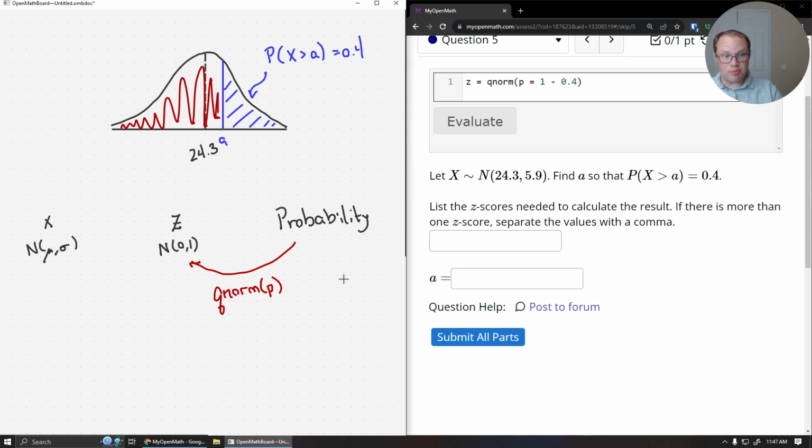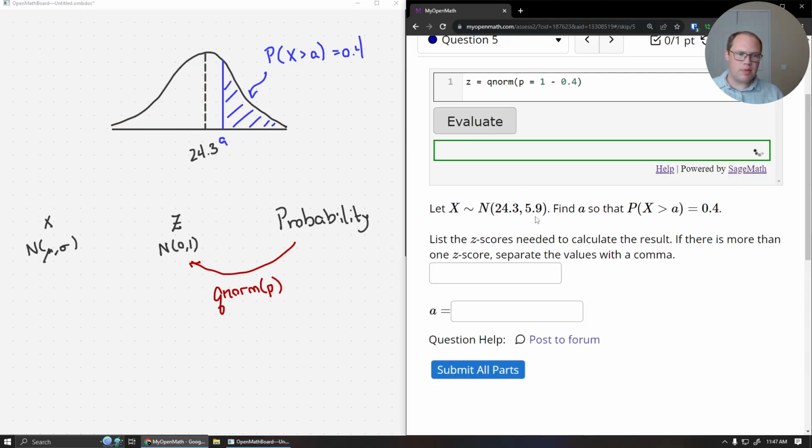And remember, that's the probability I need to plug in. So 1 minus 0.4, that's this probability in the lower tail. Okay, so that's going to be my z-score, and it is 0.2533471.